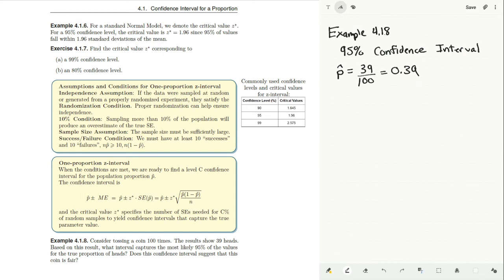The next thing that we need is our critical value, which is given by Z star. Here I've listed a table of commonly used confidence levels with their critical values when we're calculating a Z interval. Our confidence level is 95%, and so the critical value is 1.96.